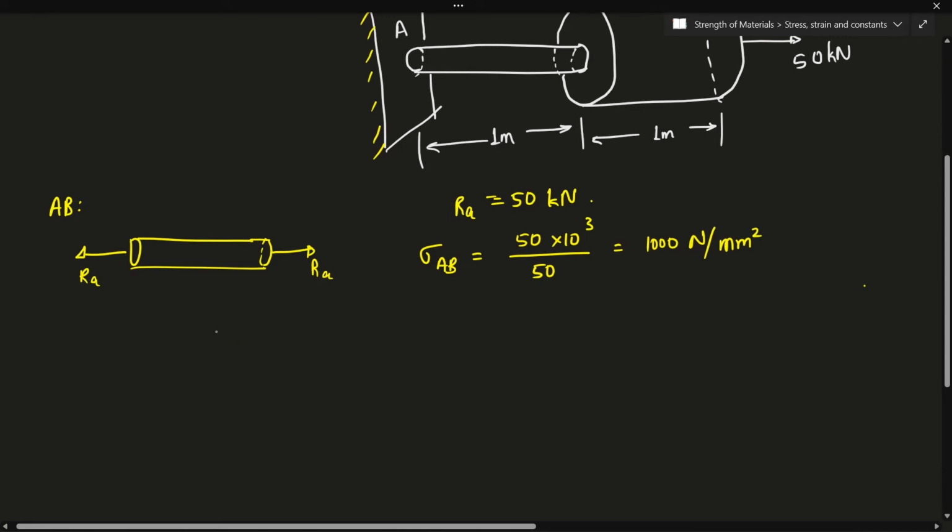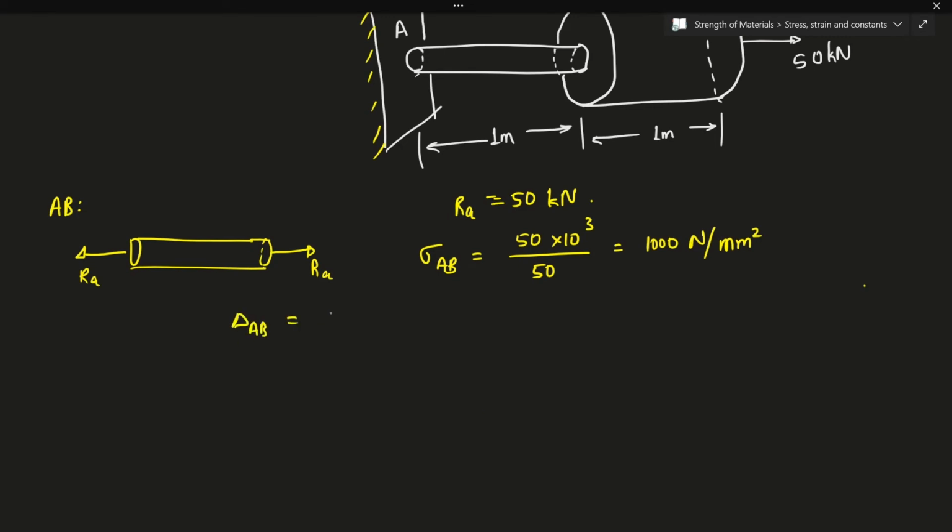Now delta AB is given by sigma AB divided by E into the length AB, so which is nothing but 1000 into 1000, the length is also 1 meter long, divided by E, which is nothing but 2 into 10 to the power of 5, so which is nothing but 5 mm.